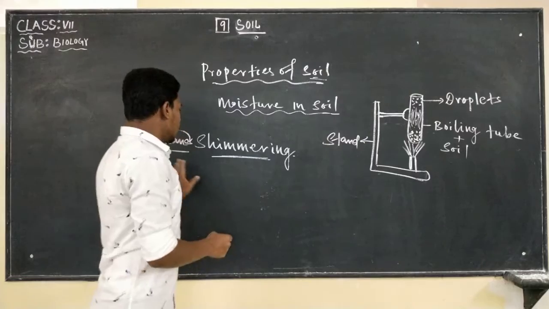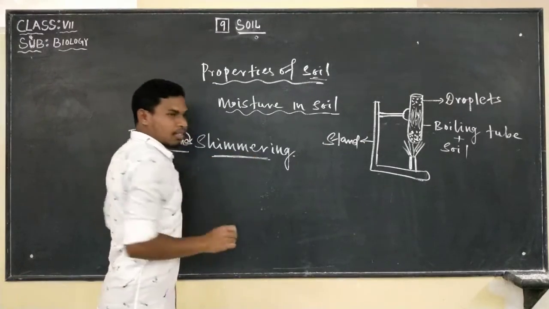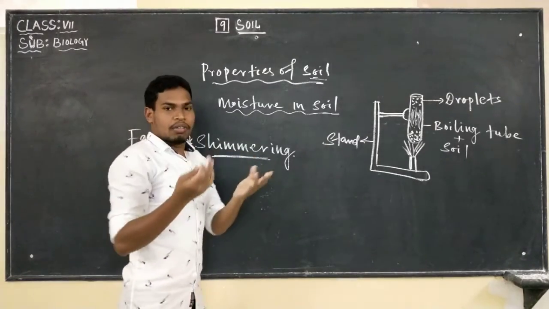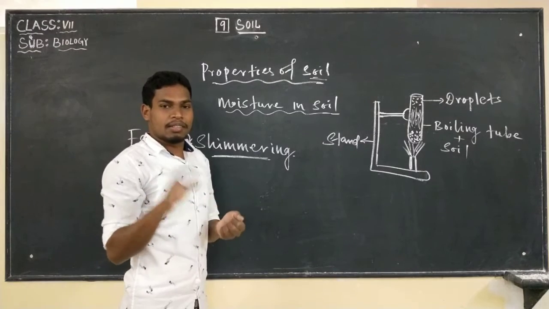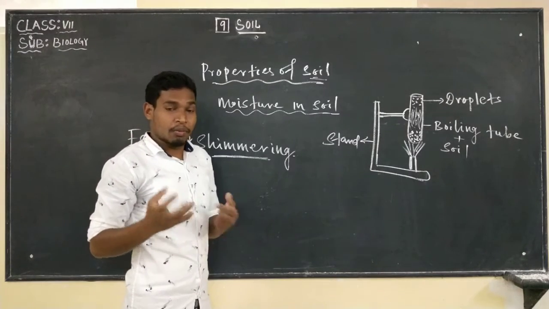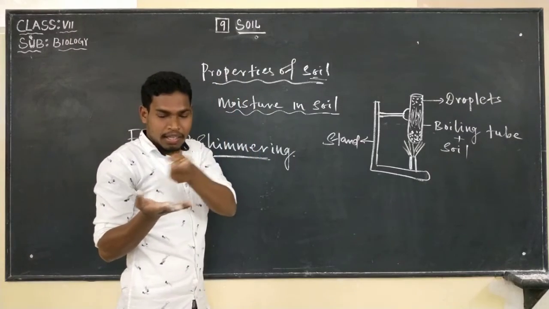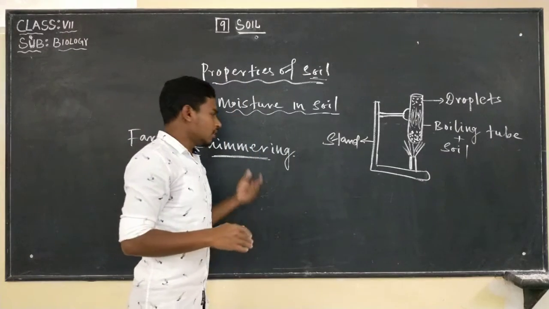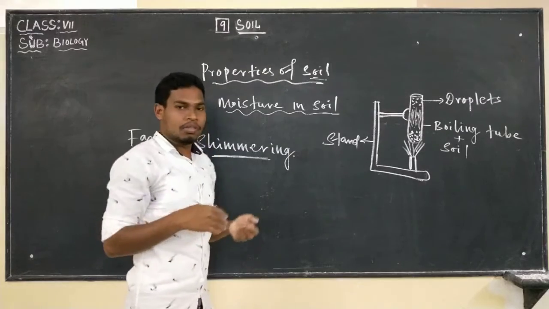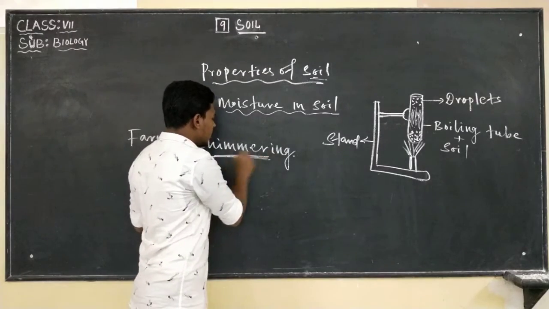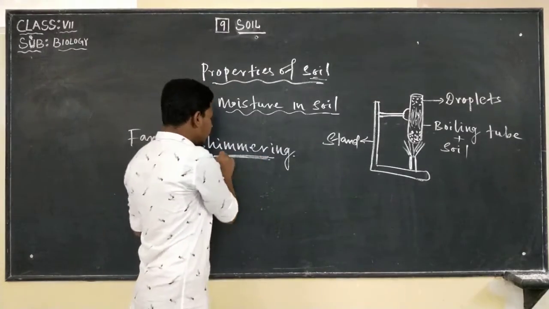So shimmering means what? When we look at the farmland, we will find some blurred image. Why? Because of the evaporation of water and the reflection of the light in the air. That is going to give us the shimmering vision.